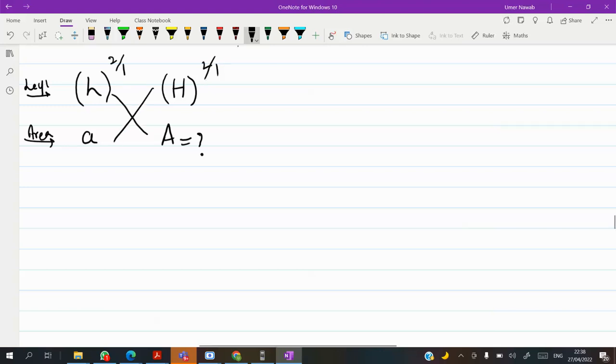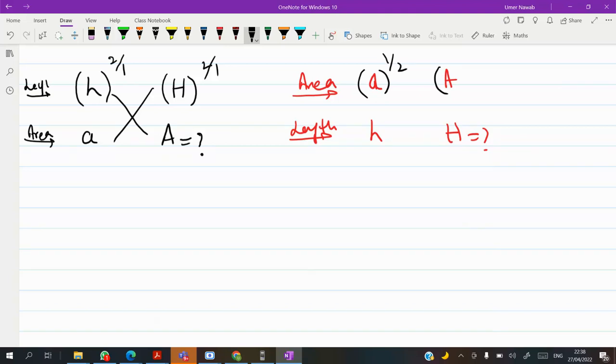If the area is given and the length is to be found, at that time you will write here 1 over 2 and then do the cross multiplication.